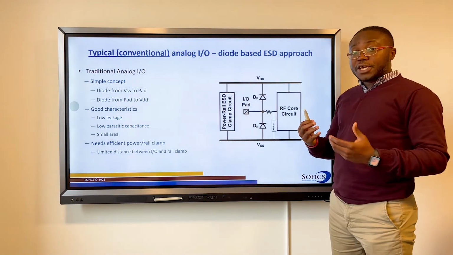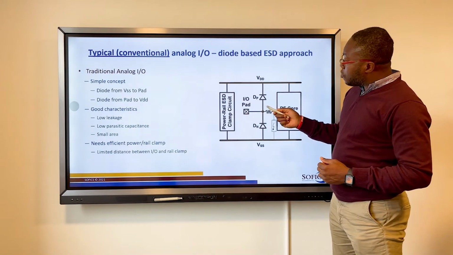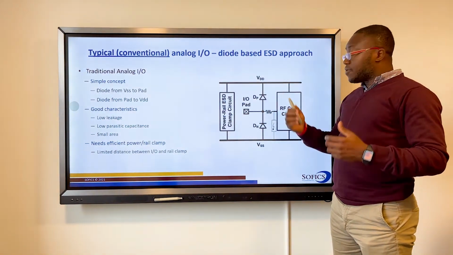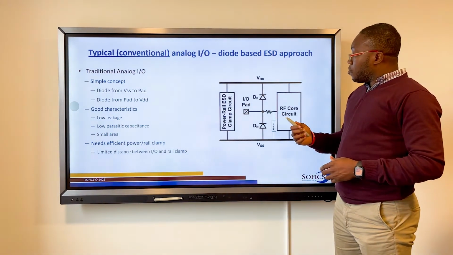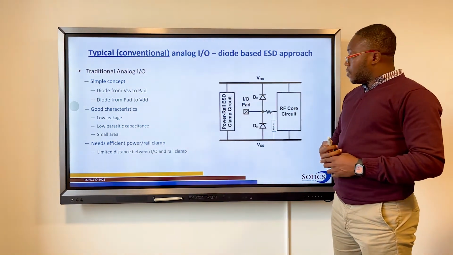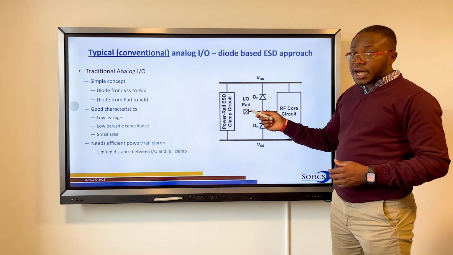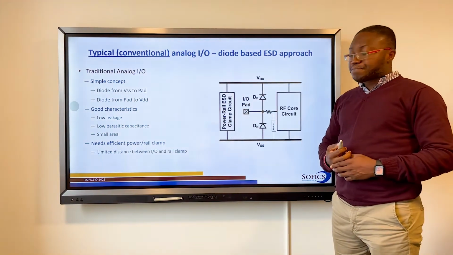Third, we have several applications where it is undesirable to have a diode between the IO pad and VDD. Think, for example, for the case where we do not want to couple noise from the IO pad to VDD, or for the situation where the signal voltage on the IO pad is actually higher than the VDD reference.